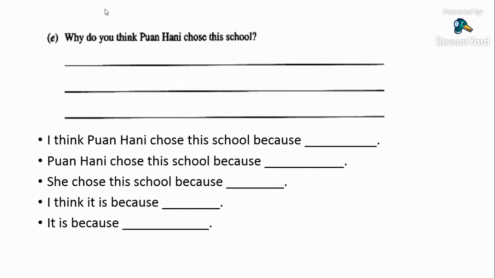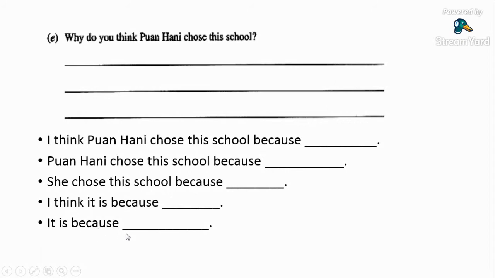So why do you think Wan Honey chose this school? So you start off with, I think Wan Honey chose this school because, or you can say Wan Honey chose this school because. You can also ganti the word Wan Honey to she. She chose this school because. You can also say, I think it is because. Or you want to keep it short, you also can say it is because.